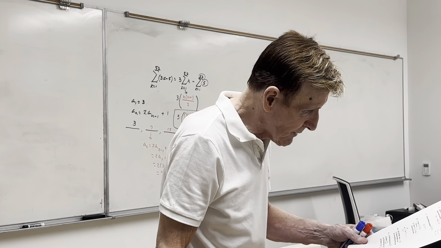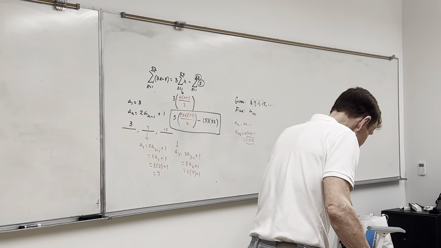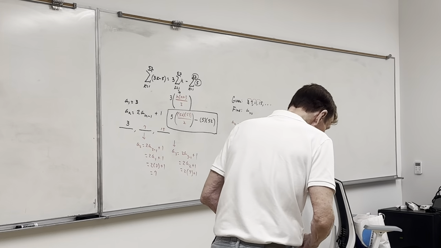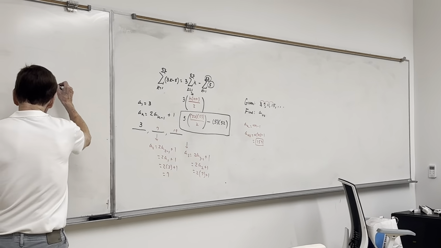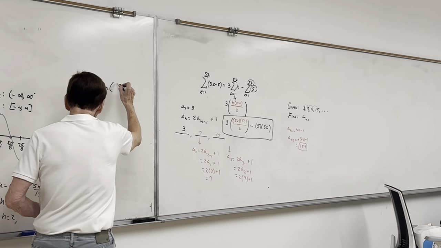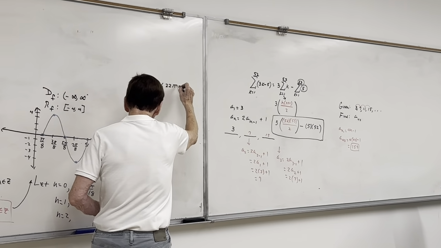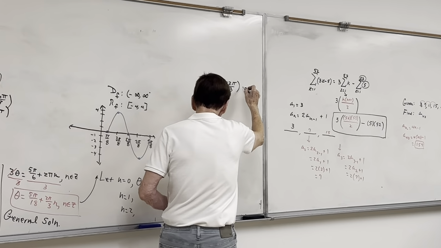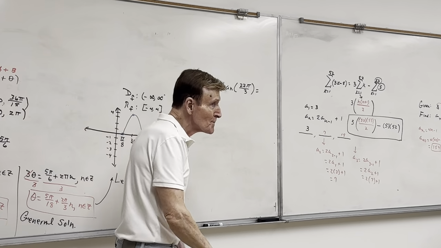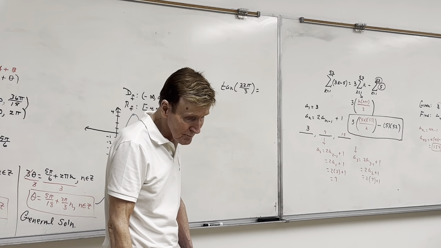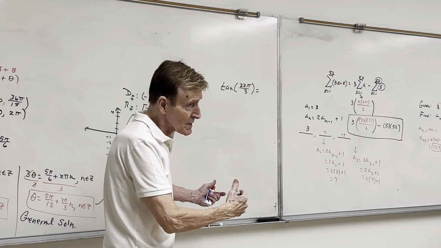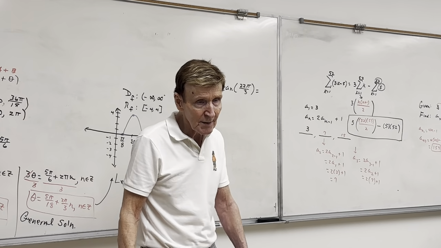Now, part 9, find the exact value of tan of 22 pi over 3. Who recalls? And this is sort of recent.